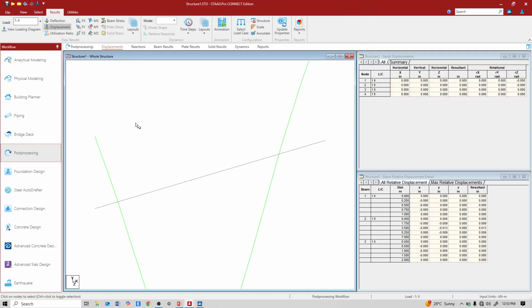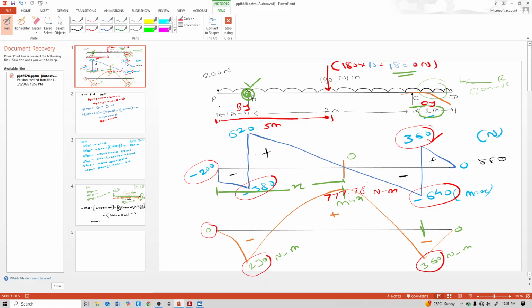So let's see the deflection shape again. See how the deflection shape occurs. I showed you that the deflection shape is like this, and here StatPro shows the deflection shape like this.